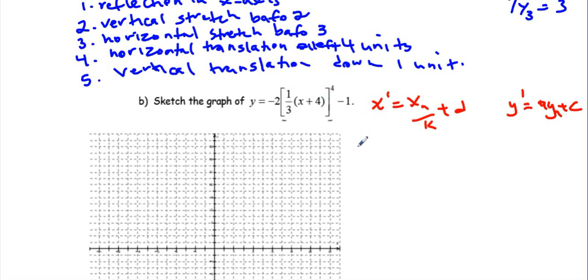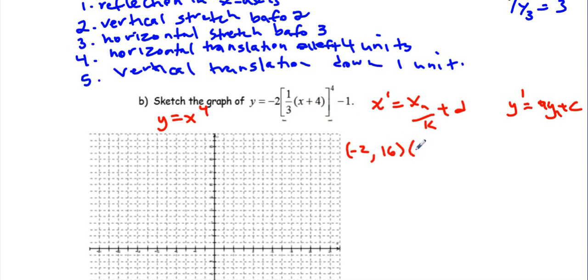Okay, so for the graph of y equals this mess, we know that the base function was y equals x to the fourth. Okay, that was our power function. And so we know that we can figure out the 5 key points to start with. So I'm going to start with -2 for my x, and when I put in -2 here, I can see that I'm going to get positive 16.